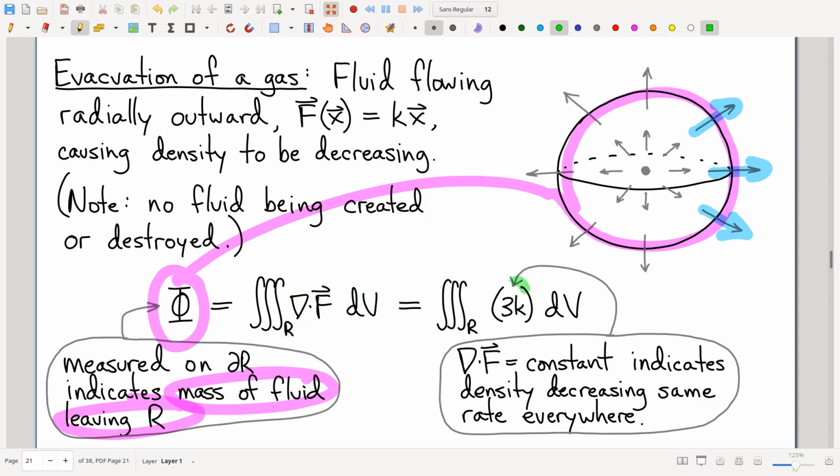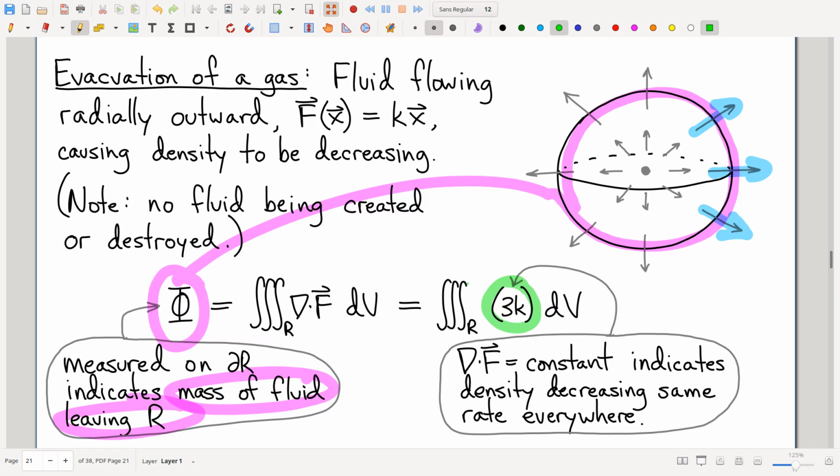What does this 3k tell me physically? And remember, it's divergence, and divergence is flux per unit volume. And now let's just think this through. The flux is quantity per unit time leaving our solid.